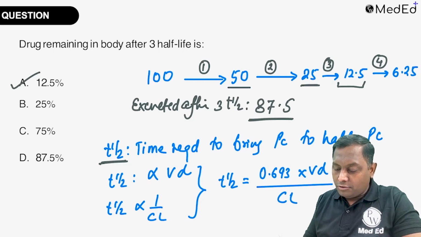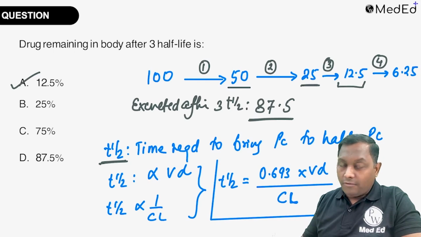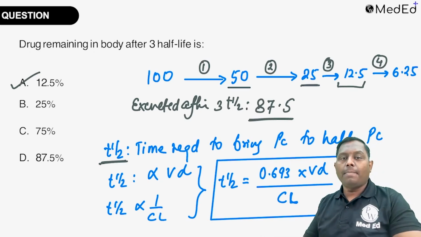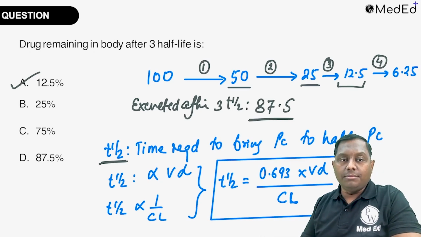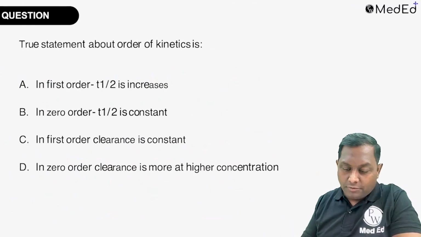So here we have also summarized and simplified the formula for T half-life. So 0.693 into volume of distribution over clearance will be the correct answer for this question.